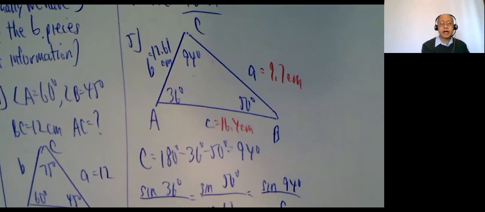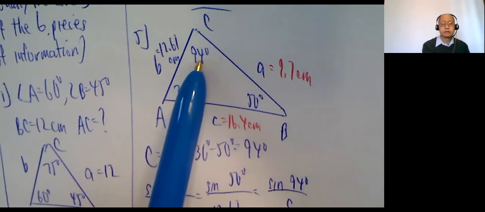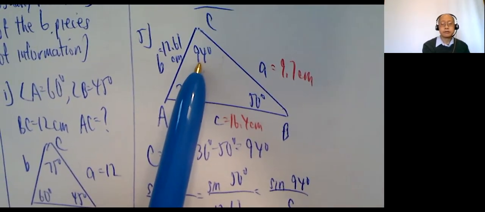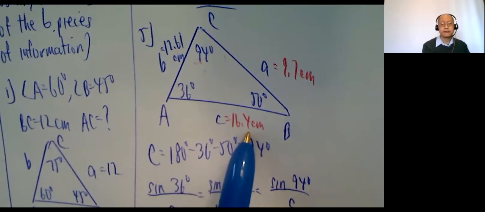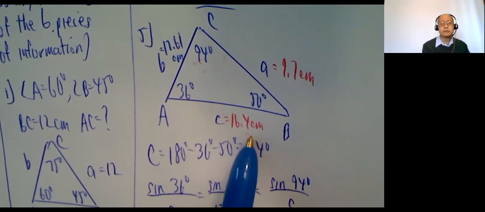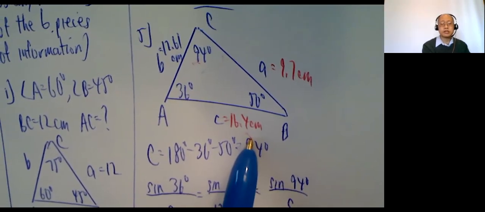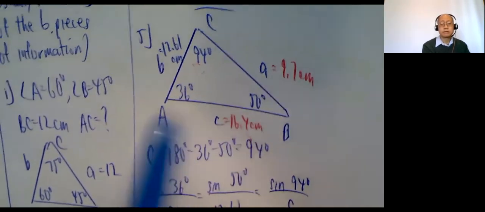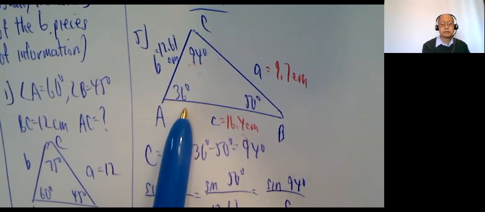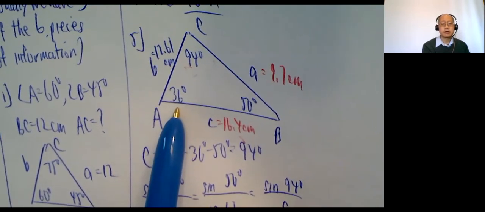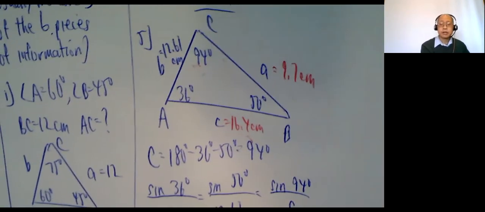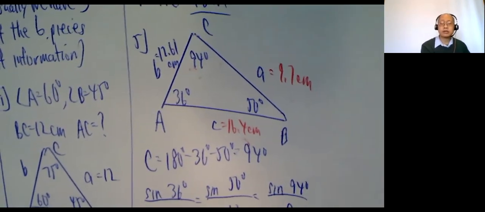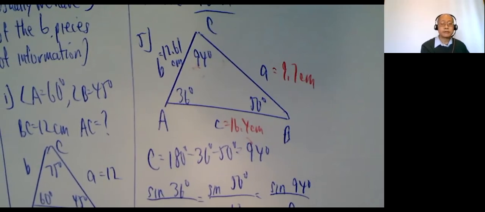All right, one other thing to notice. Which is the largest angle? 94 degrees. Which is the largest side? 16.4. Which is the smallest angle? 36. Which is the smallest side? 9.7. That will always be true. The largest angle is opposite the largest side, smallest angle opposite the smallest side.